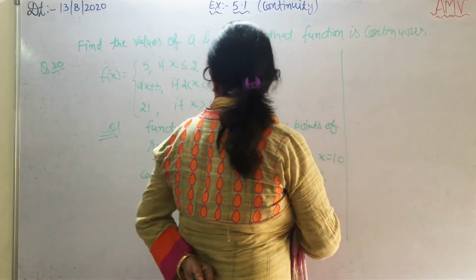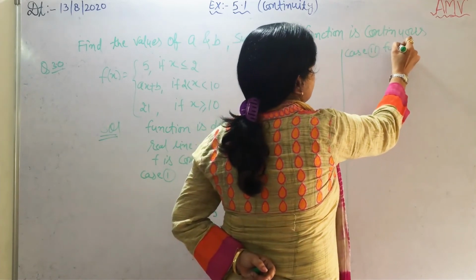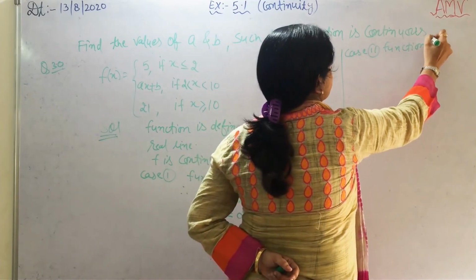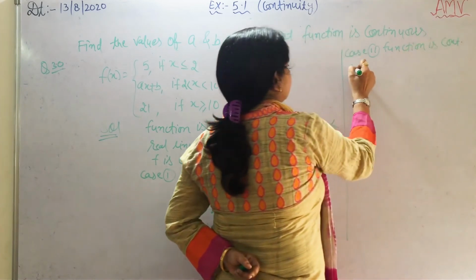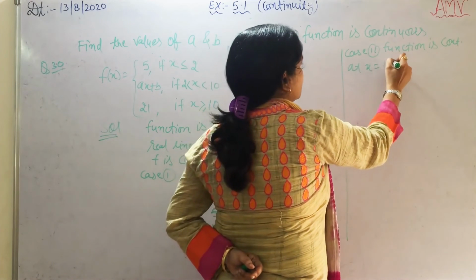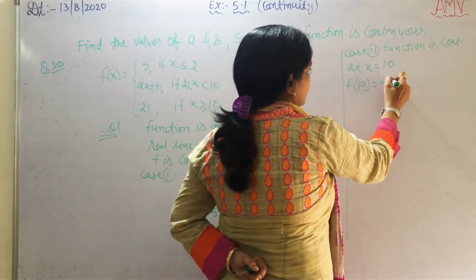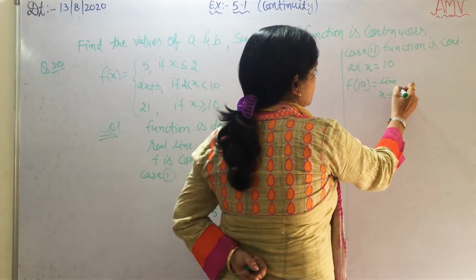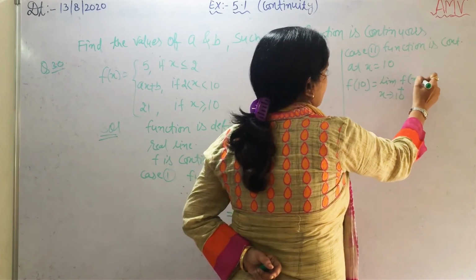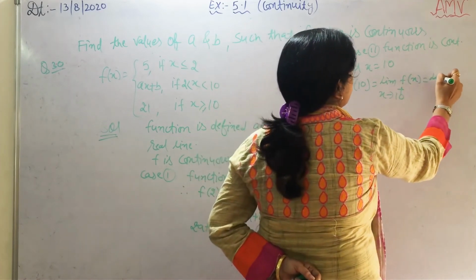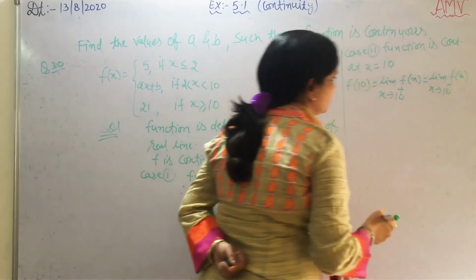Next, the function is continuous at x is equal to 10. So the value of the function at 10, and here limit x tends to 10 plus is the right hand limit and limit x tends to 10 minus means the left hand limit.